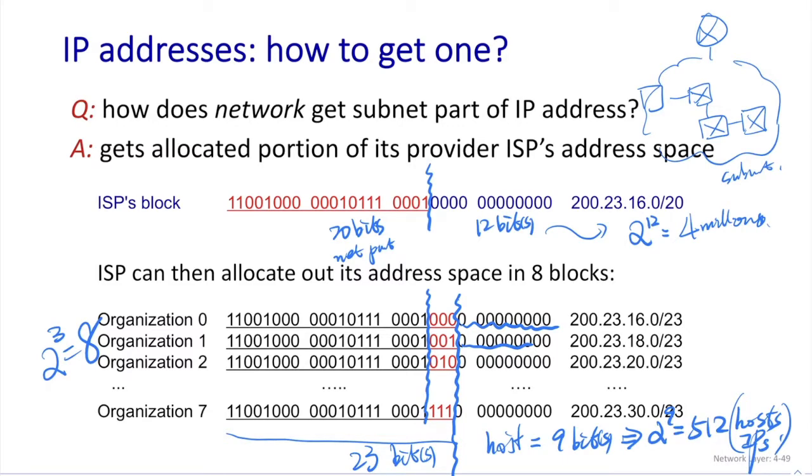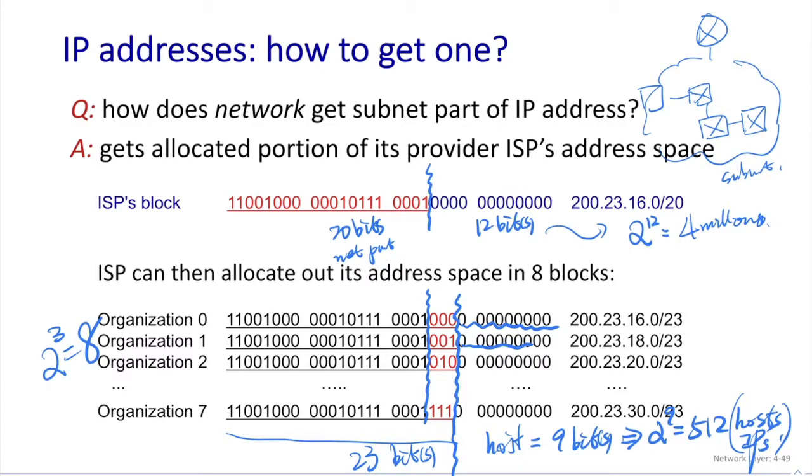So as a network administrator, when you get a large block of IP addresses, you can simply divide it into several different small subnets, as long as you can specify them with different network parts.